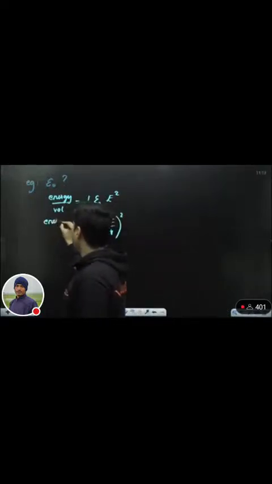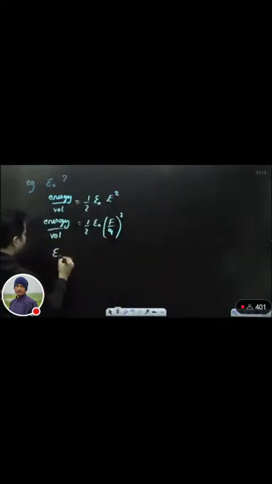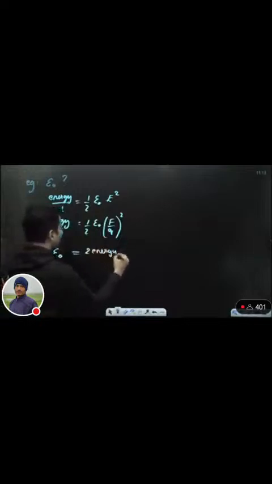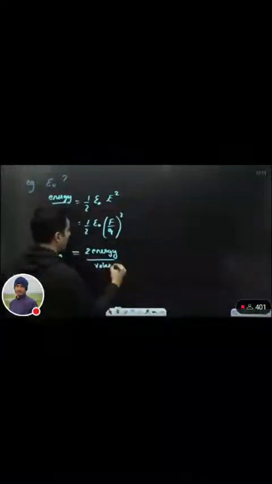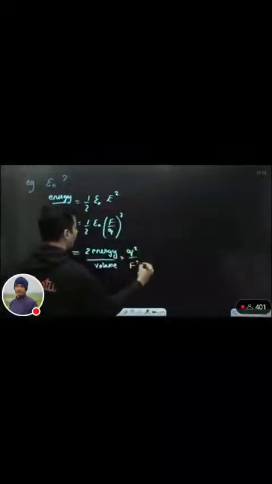Therefore permittivity will be 2 times energy, with the volume below, multiplied by charge square divided by force square.